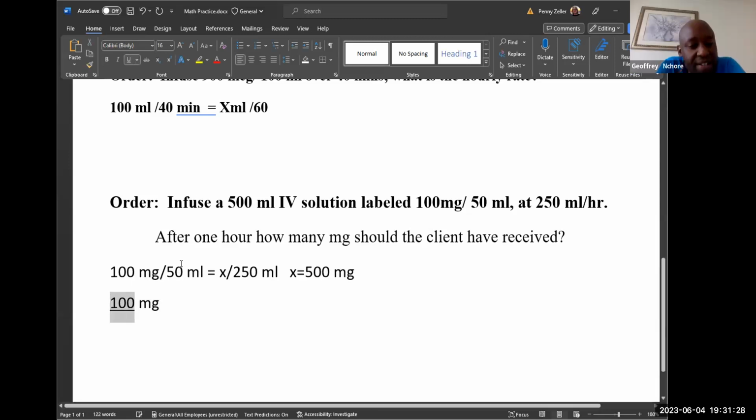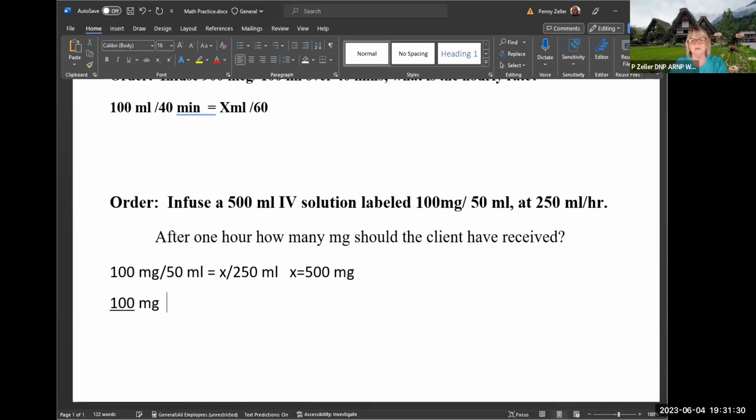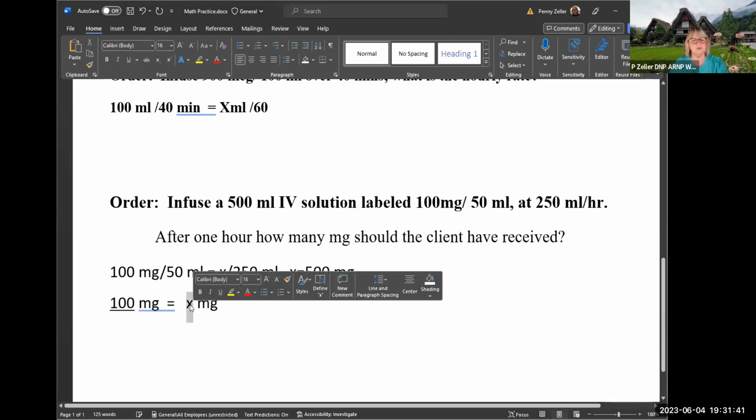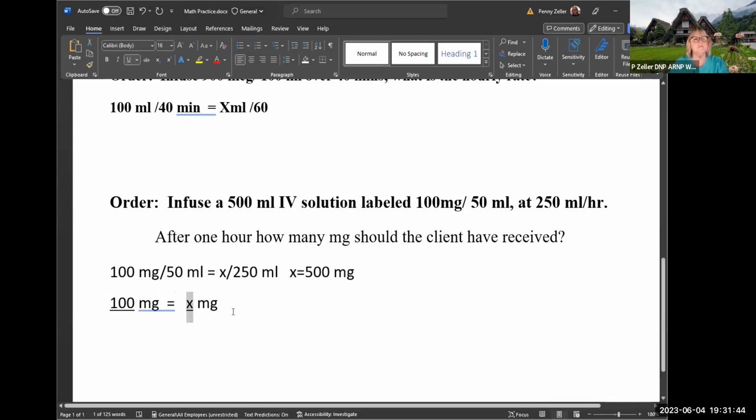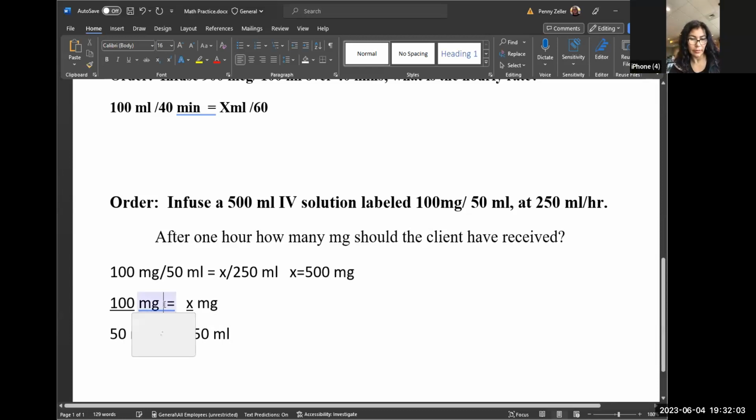That's dimensional analysis, professor, right? No, I'm not doing dimensional analysis. I'm doing this to show you.